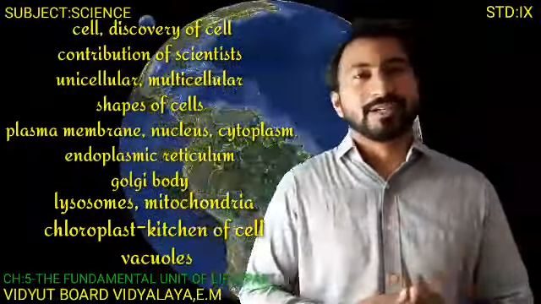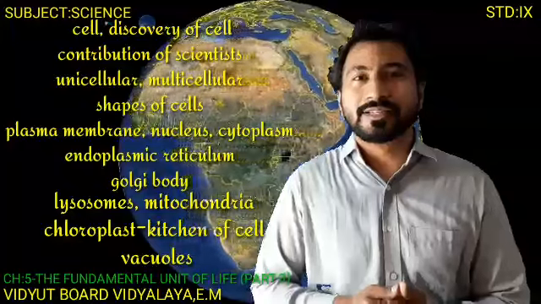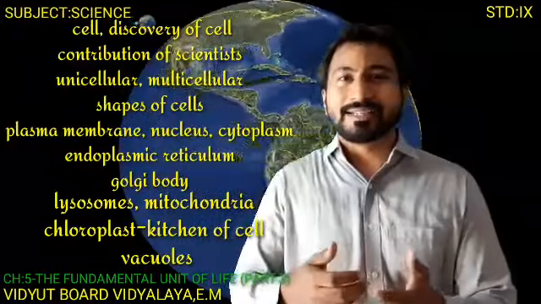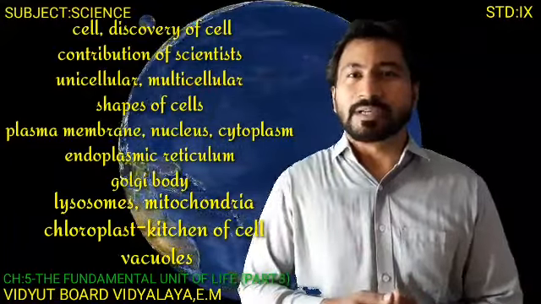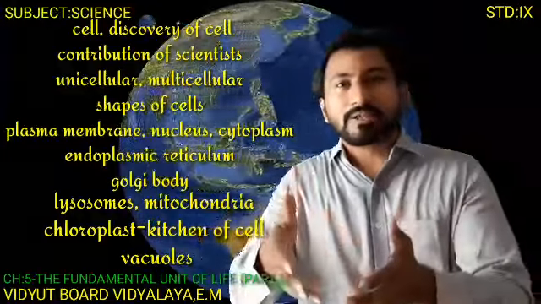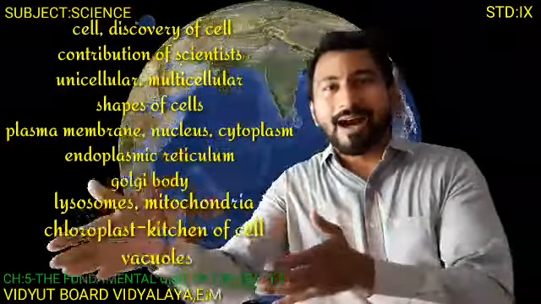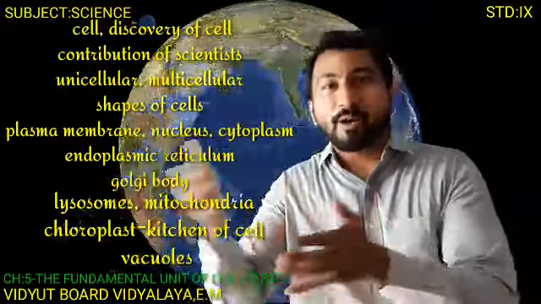We went on to the unicellular and the multicellular organisms. Then we went on to the three major regions of a typical cell, that is the plasma membrane, the cytoplasm, and a typical nucleus. The plasma membrane, how it is known as a selectively permeable membrane, and how only useful substances will be entering the cell.